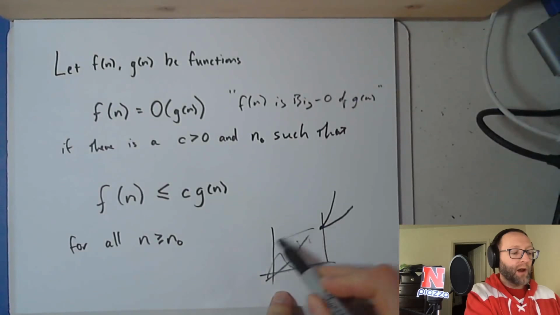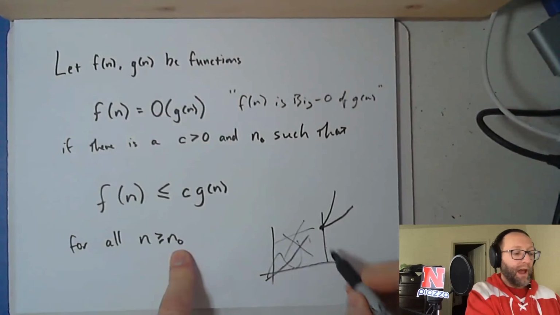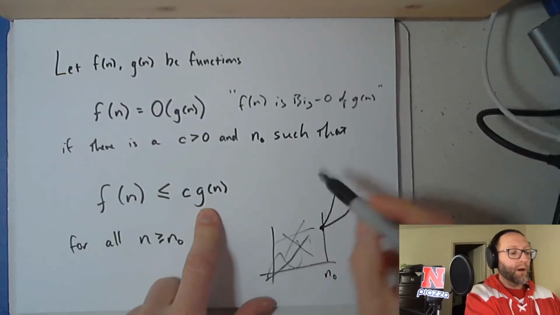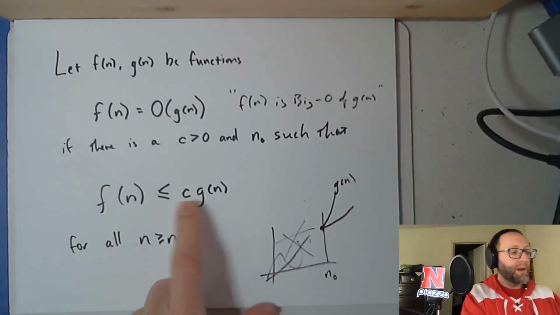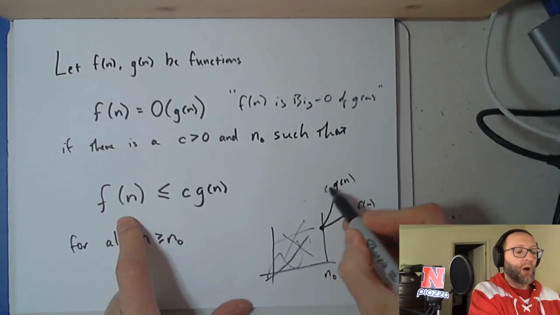We don't care about anything that happened before, but at some point, that point being n naught, g of n is always going to be greater than or equal to f of n times some constant, of course.